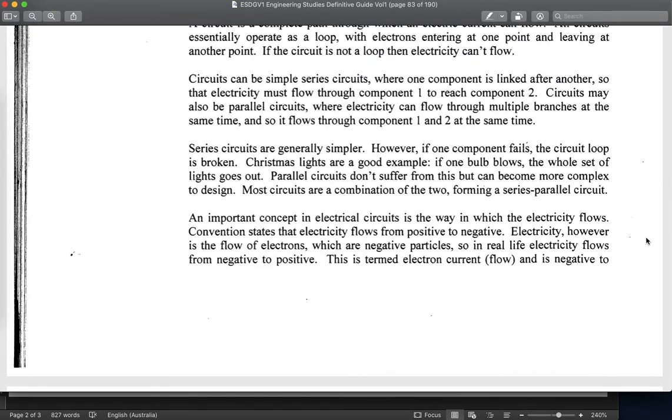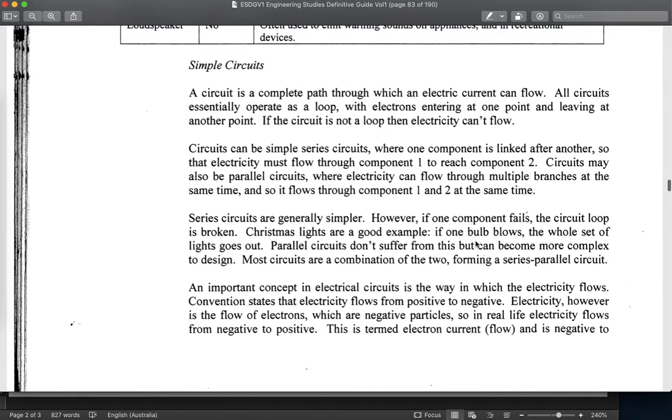Okay, there's the difference between circuits in parallel and circuits in series. So that's pretty important. This is something you hopefully have done in, say, year 7 to 10 science. But the idea is that, generally speaking, everything we have is in parallel.